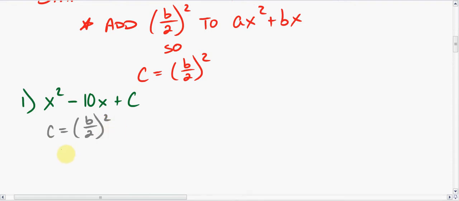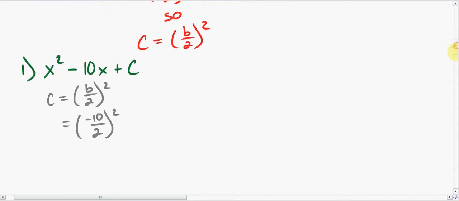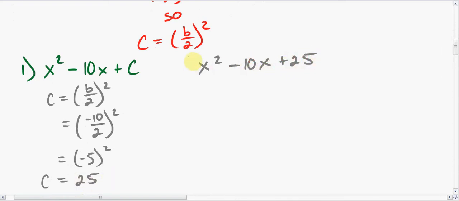To get our c, b is negative 10 over 2 squared. Negative 10 over 2 is negative 5, squared. So that tells us c equals 25. So our answer is going to be x squared minus 10x plus 25.